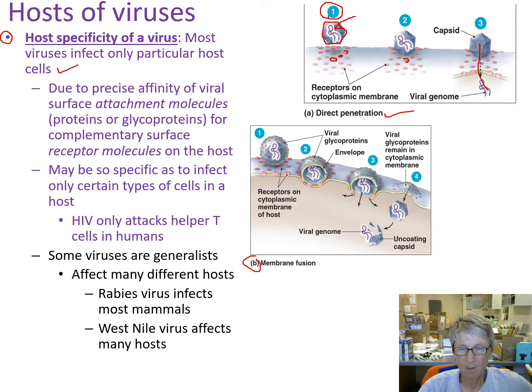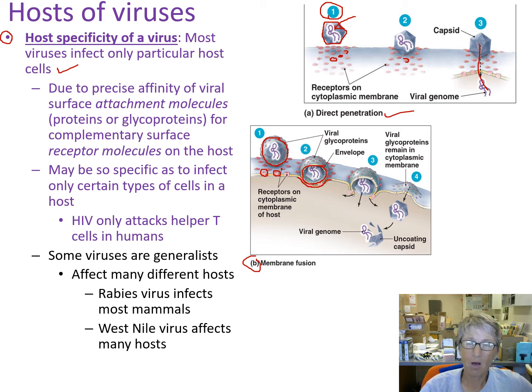So in this cartoon, it looks like this virus has an envelope, and there's viral glycoproteins sticking out of the envelope. Here's the receptors. These orange things are the receptors on the cytoplasmic membrane of the host. So the glycoproteins recognize the receptors on the host cell, and the envelope of the virus can fuse with the phospholipid bilayer of the cell membrane.